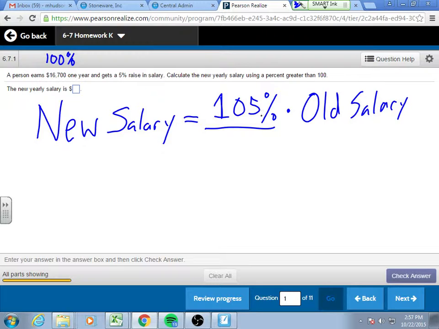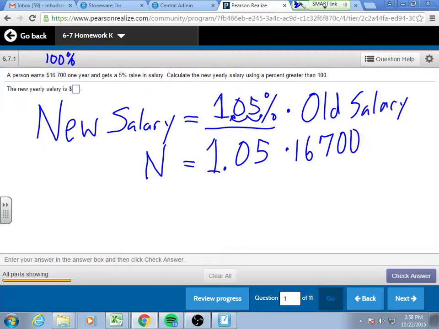So again, we convert this to a decimal by going 2 places. I now will call this N for the new salary, 1.05 times the old salary, 16,700. Notice what's going to happen here. We already calculated the raise amount. Our new salary, when we calculate that 105% of 16,700, will just be the old salary with the raise added into it.